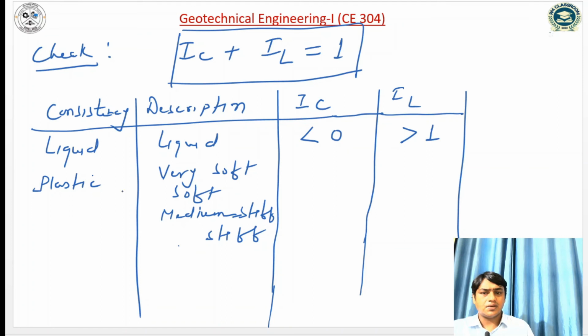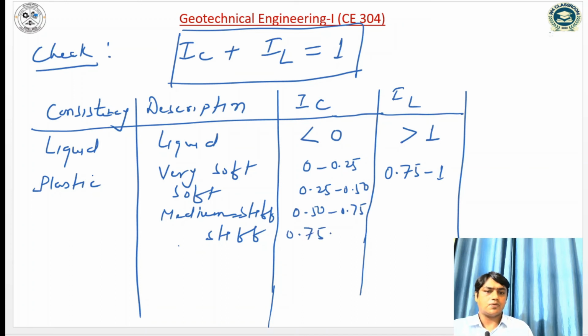When in case of very soft, the value of liquidity index should be 0.75 to 1, then 0.5 to 0.75, 0.25 to 0.5, and 0 to 0.25.